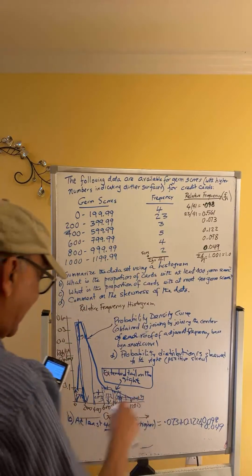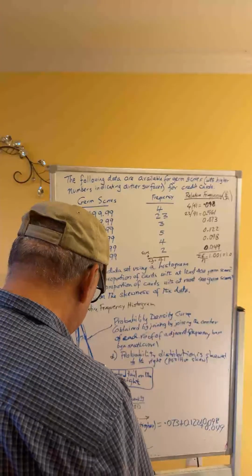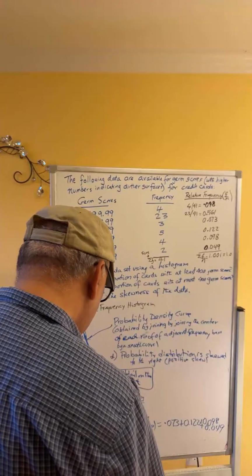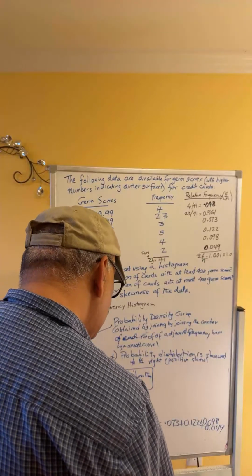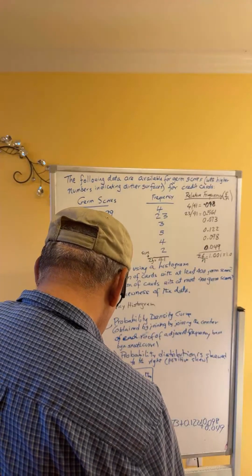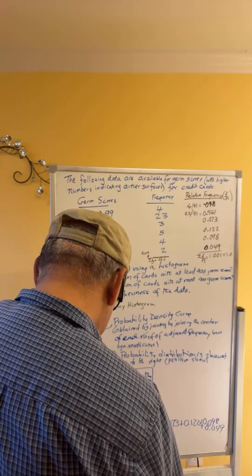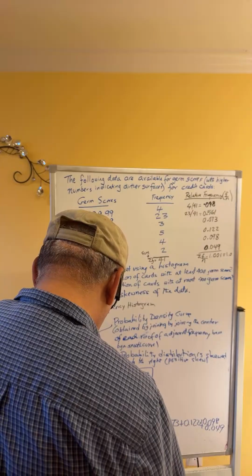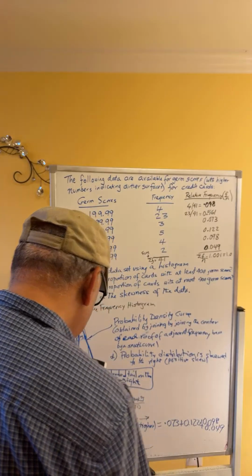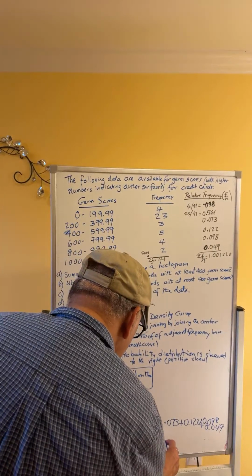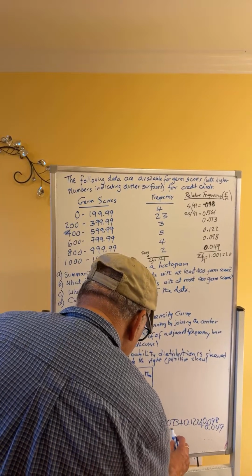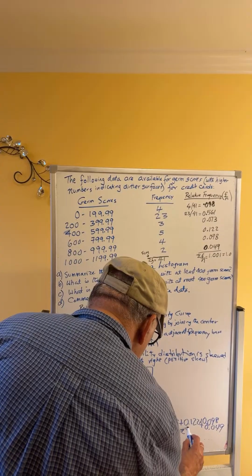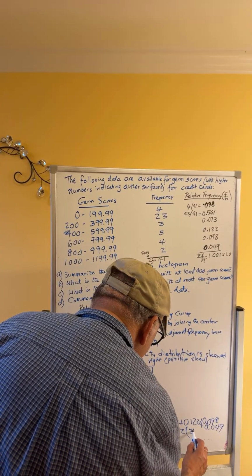So let's add this relative frequency. 0.073 plus 0.122 plus 0.098 plus 0.049 is equal to 0.342, or multiply it by 100% to get 34.2.